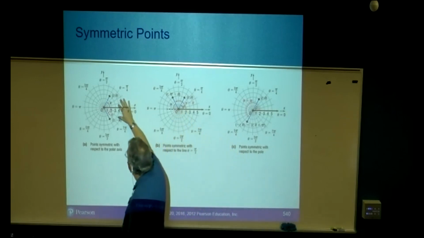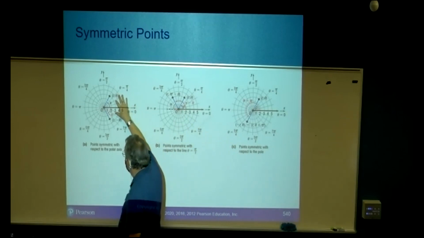So here, if they're symmetric with respect to the polar axis, then they're just going to be negative of each other. If you can write them so that they're the negative of each other, then they're symmetric with respect to the polar axis.